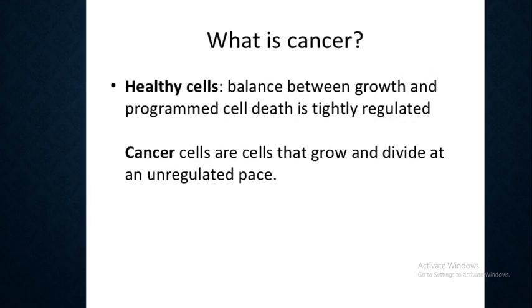Healthy cells. What is a healthy cell? The balance between growth and programmed cell death is tightly regulated. Such cells we call healthy cells in a normal living organism, right?